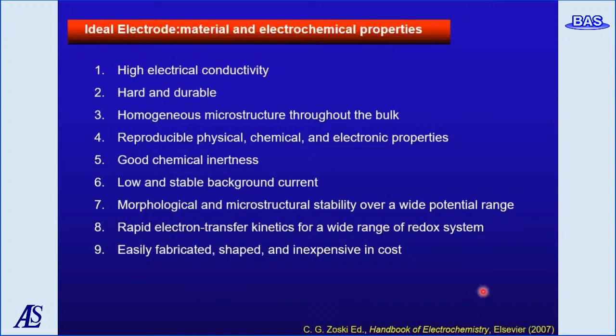Here is a general requirement for the ideal electrode from the viewpoint of materials and electrochemical properties. First, high electroconductivity, and second, hard and durable. Third, homogeneous microstructure through the bulk. Fourth, reproducible physical, chemical, and electronic properties.